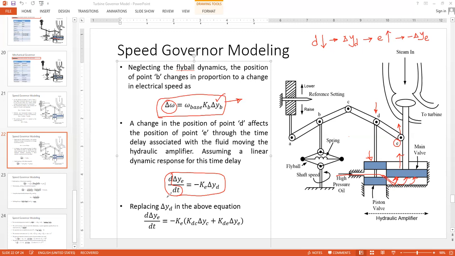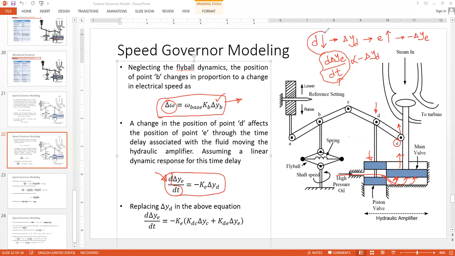So instead of writing simply del yd is minus del ye, we have to take into account the d by dt term. So the change in the position of point E, the dynamics of that with respect to time, is proportional to minus del yd.